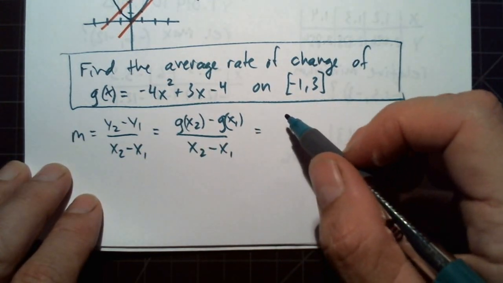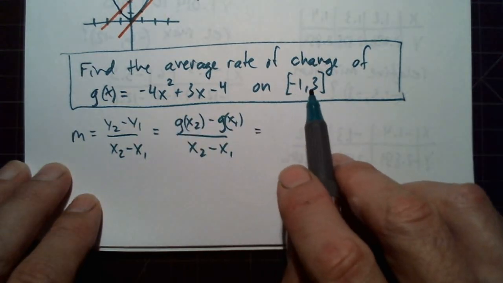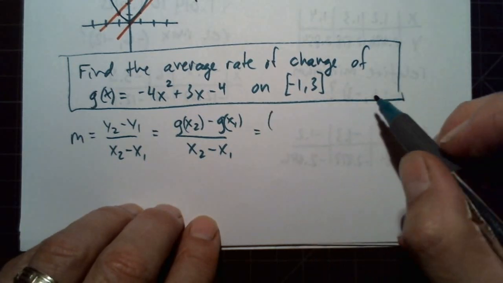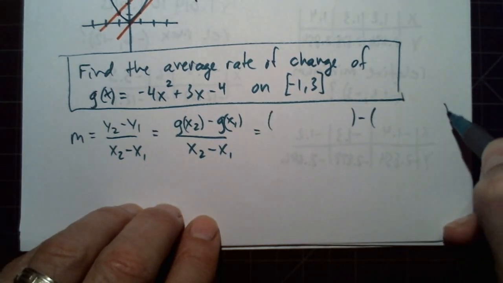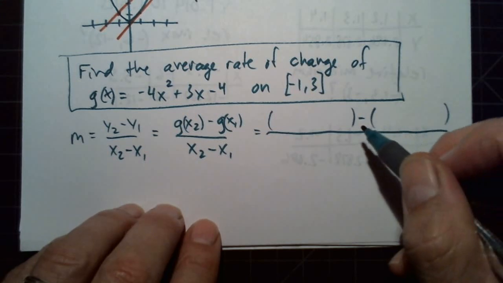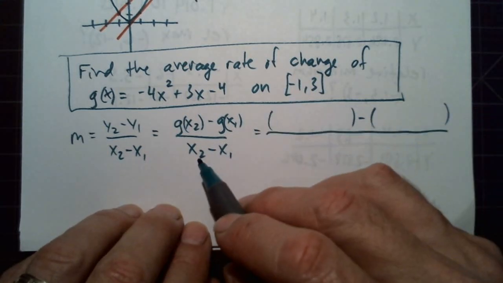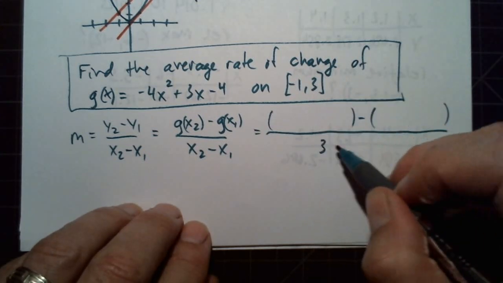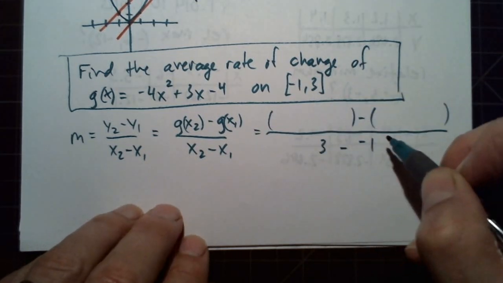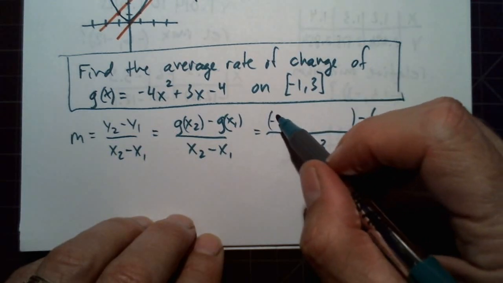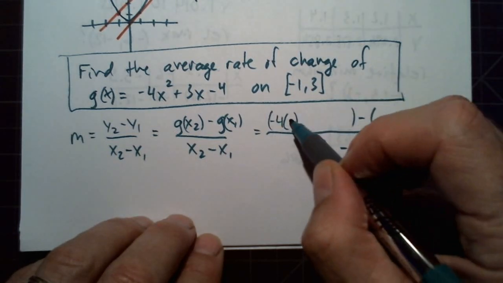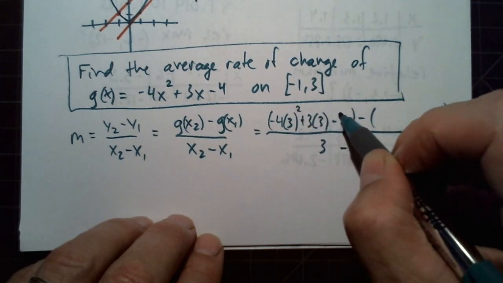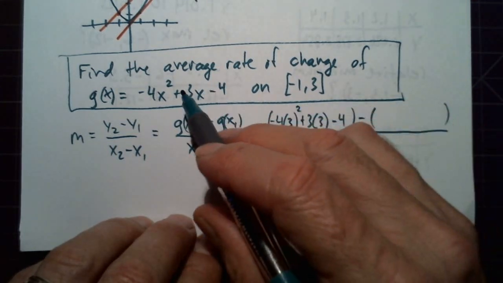And here we have the x values of -1 and 3. So we're going to do g of 3 minus g of -1 over, and this says x2, but we could put the 3 first or the -1 first, it wouldn't matter. 3 minus -1, and we have -4. 3 squared plus 3 times 3 minus 4. Putting the 3 into g.